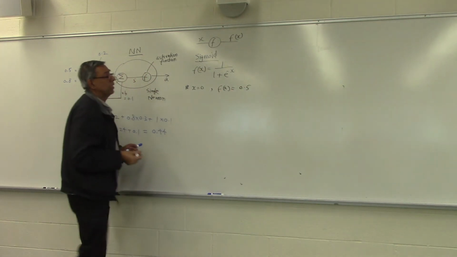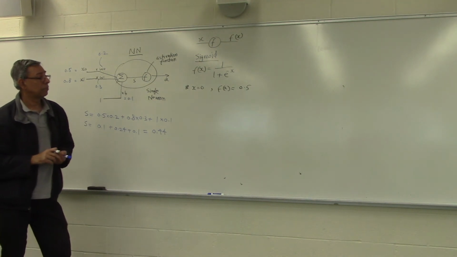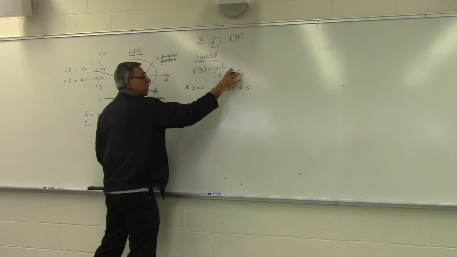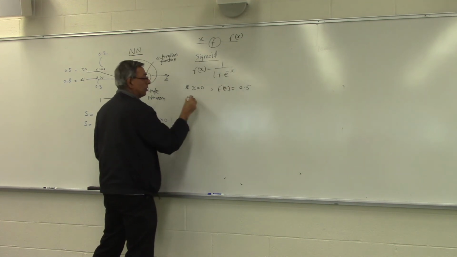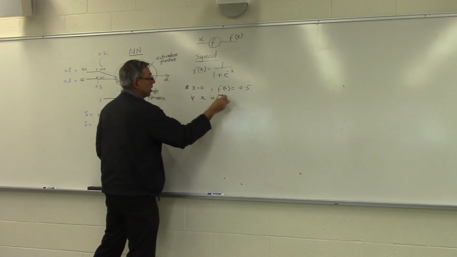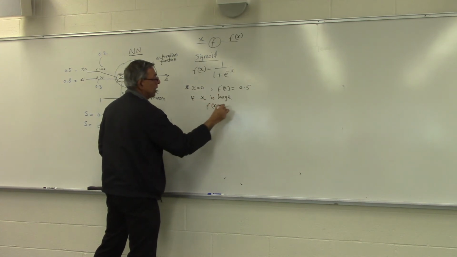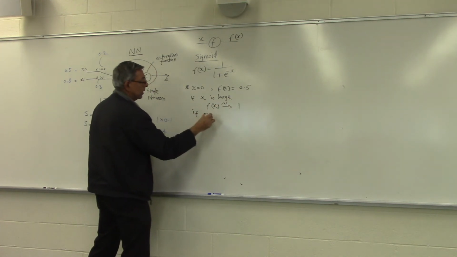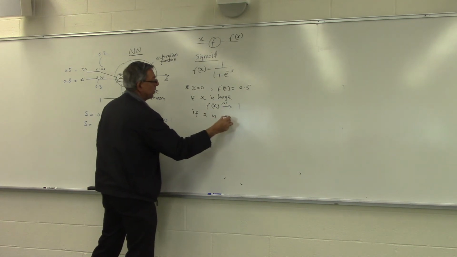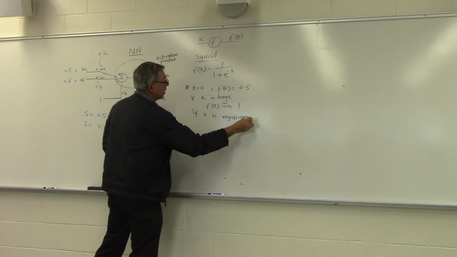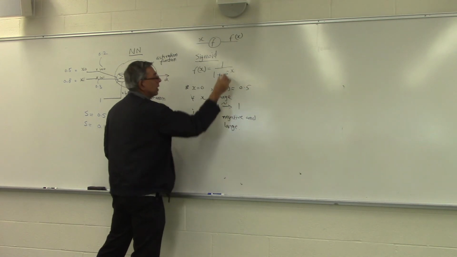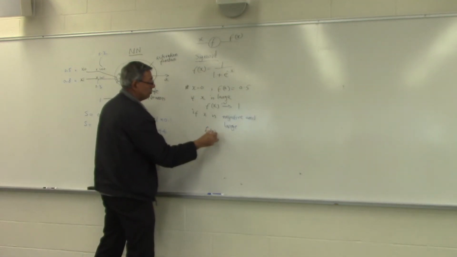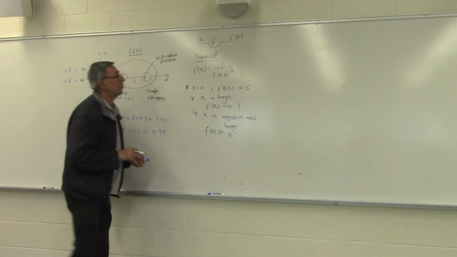If x is very large, like 100,000 or something, then because of 1 over e to the x, this will become almost 0. So if x is large, f(x) will be close to 1, right? If x is negative and large, then e to the minus x will become a huge number, and f(x) will become close to 0, right?